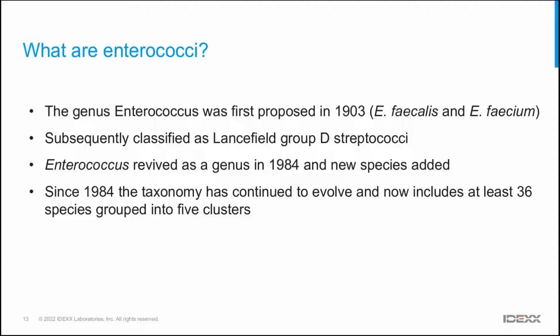And then Enterococcus was revived as a genus in 1984 by workers in Germany and the UK, and new species were added. Since that time, taxonomy has continued to evolve and now includes at least 36 species, which are broadly clustered into 5 groups.